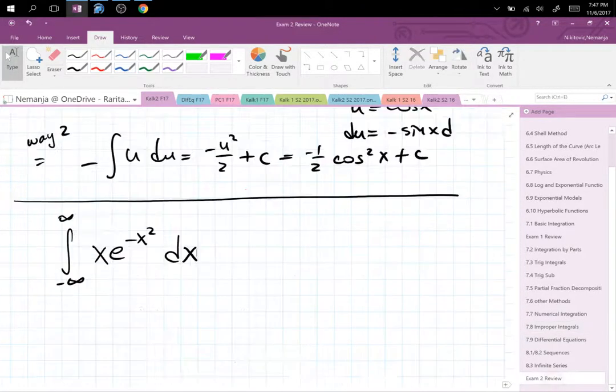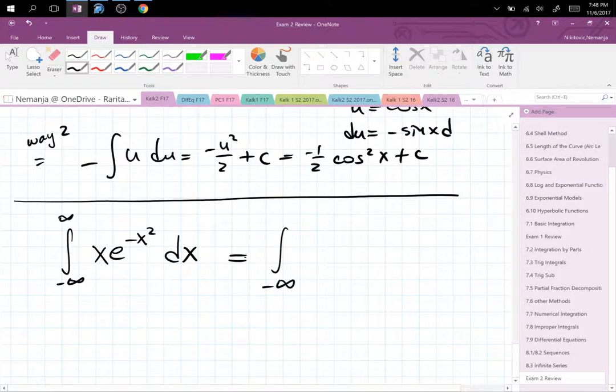All right, so we have a problem that has negative infinity and positive infinity. So we have to use the Calculus 2 theorem that says definite integrals can be broken anywhere in the domain between the limits a to b. So we can choose to break it at 0: negative infinity to 0 plus 0 to positive infinity.